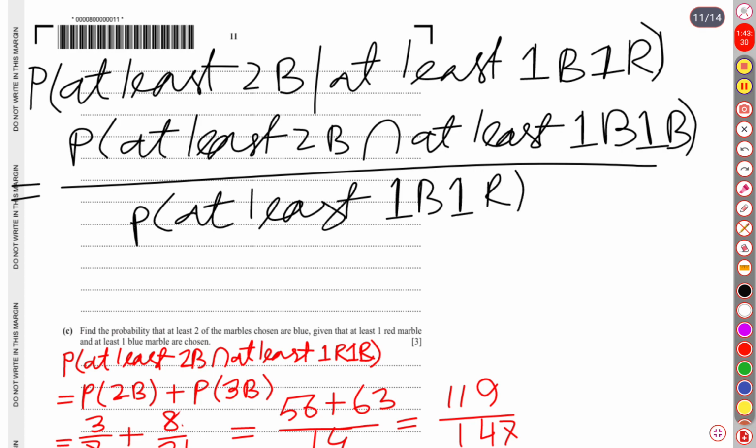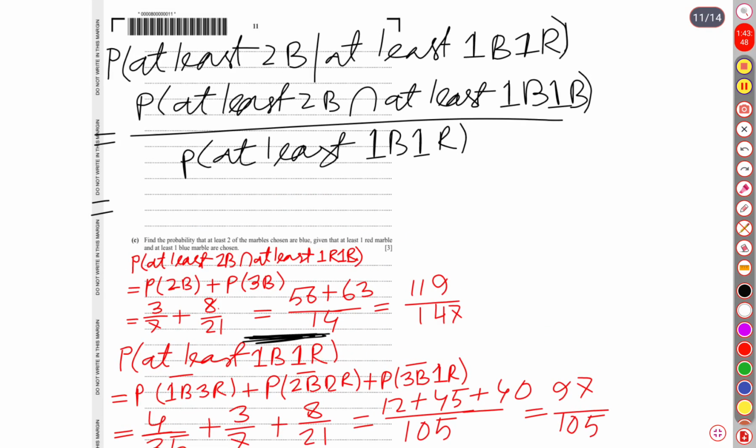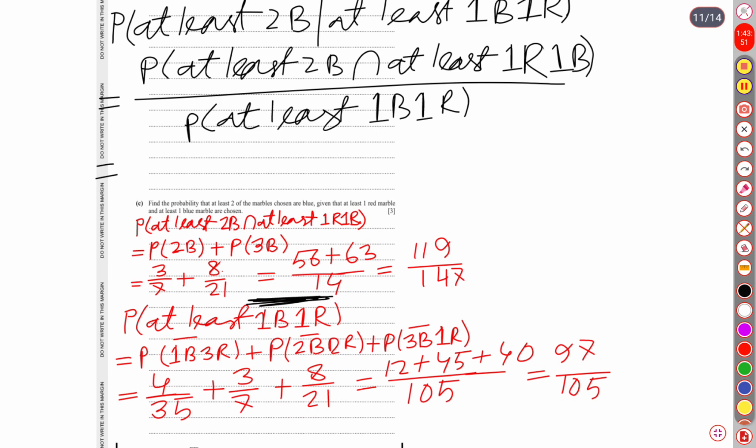All of the data have already been collected. So first of all, let us see the probability of at least two blue marbles and at least one red marble. This is 119 over 147, divided by the denominator.